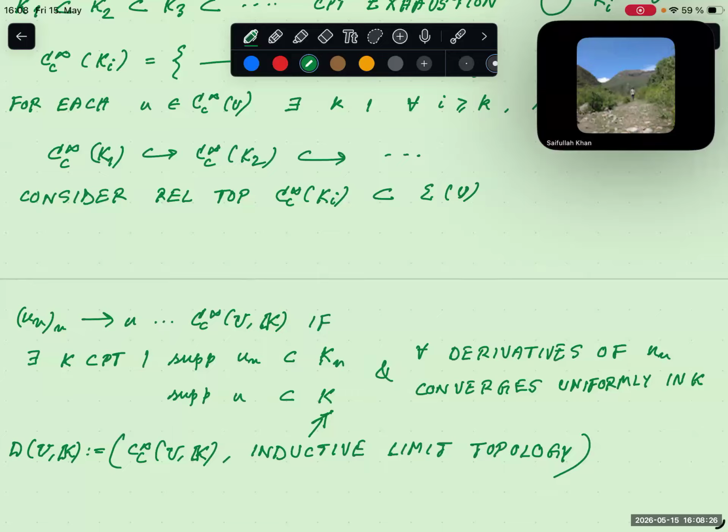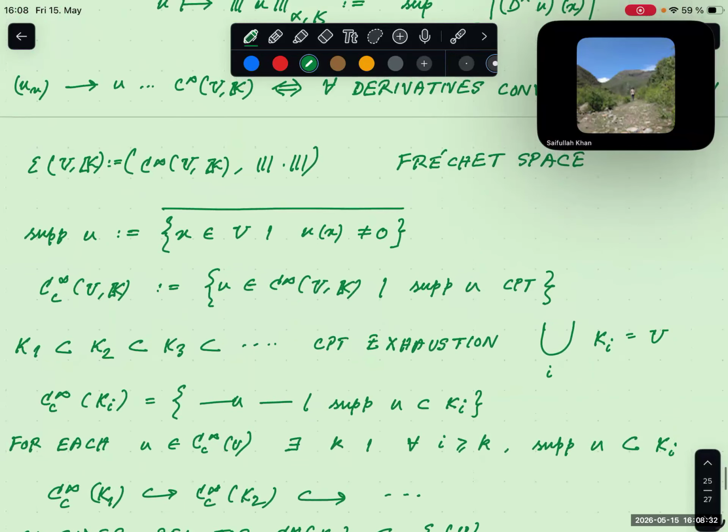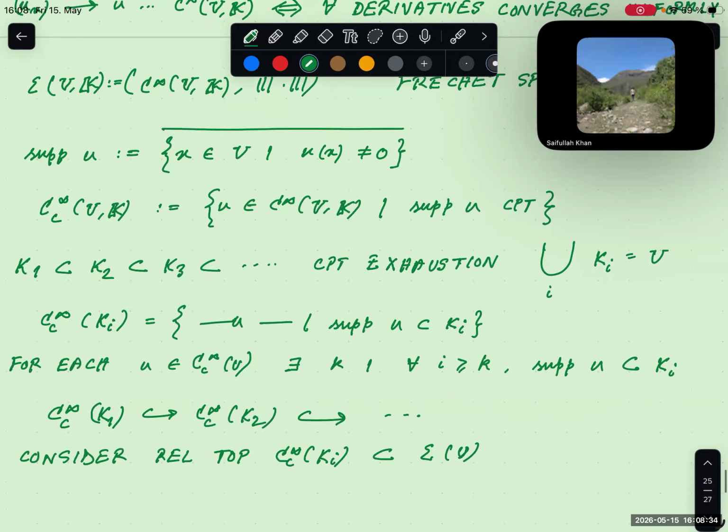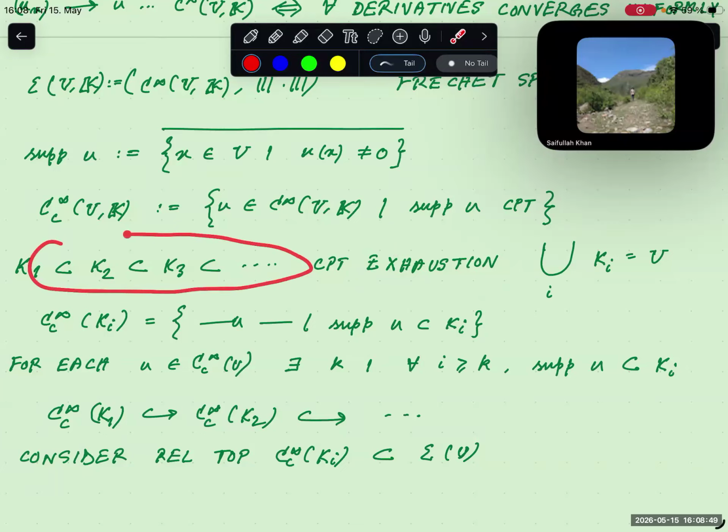When we talk about compactness, why do we need extension, or the support concept? You mean this one? Oh, this is not extension, this is exhaustion. It just means you take compact subsets of U such that, taking the union, you get the whole set.